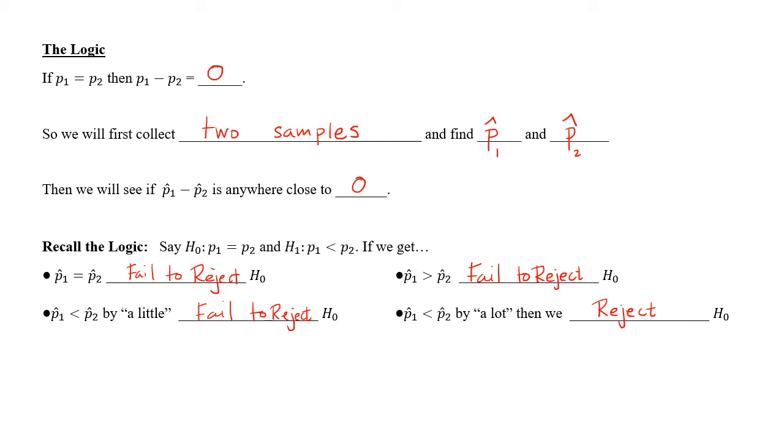So what we really mean by this is that the difference between P1 hat and P2 hat is going to be something on the negative side. We would have to have a value that's on the negative side for P1 hat minus P2 hat. So we'll be looking at the differences between two samples.